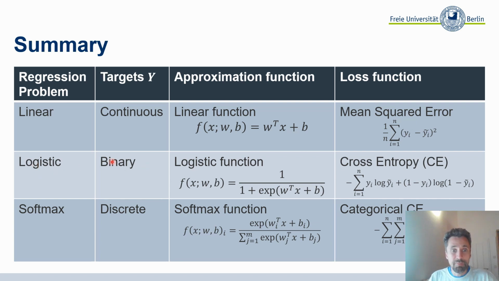Here we have binary labels and use the logistic function that still uses this linear model, and a different kind of loss that we call cross entropy. And this is minimized by gradient descent, which will come back many times in the next lectures.